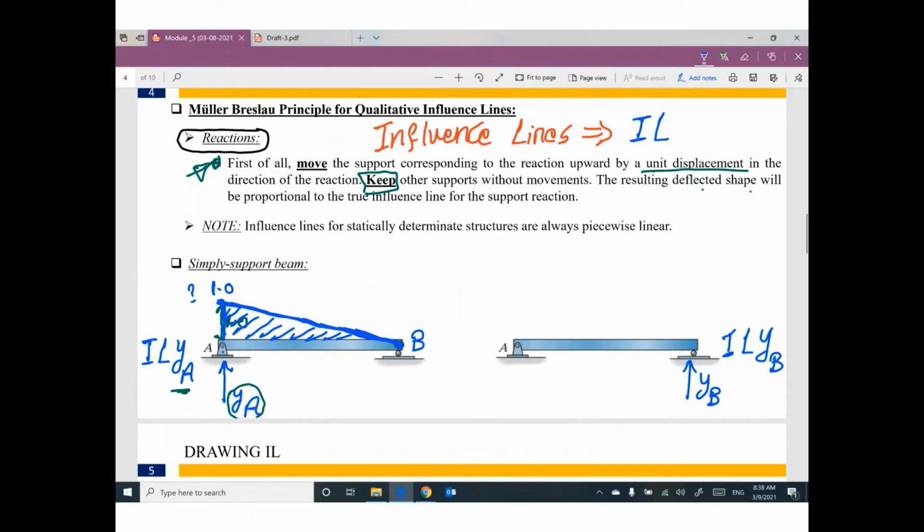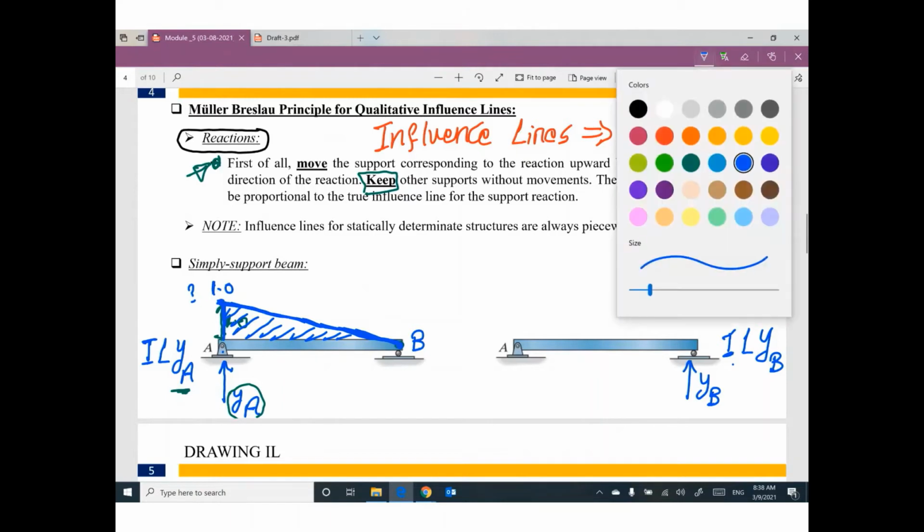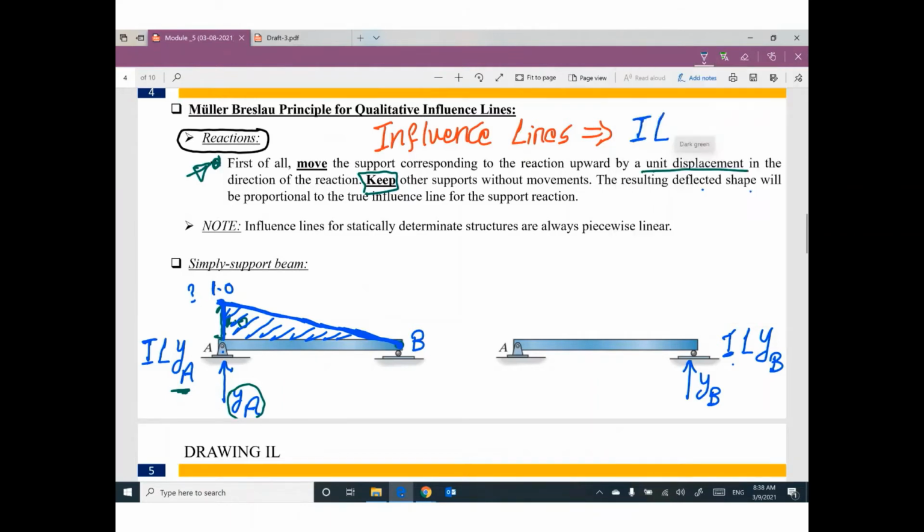Can you help me to draw influence line for reaction YB? Yes, I can. What is the first step? Move. What is the second step? Keep. What is the third or the final? The deflected shape. So the first step, move support up by 1. Which support? We are looking for reaction YB. So please move support B up by 1.